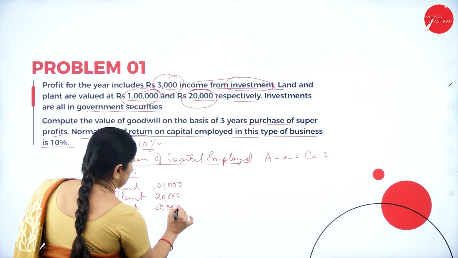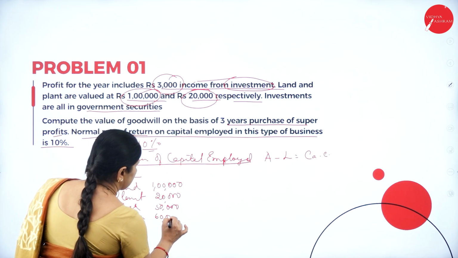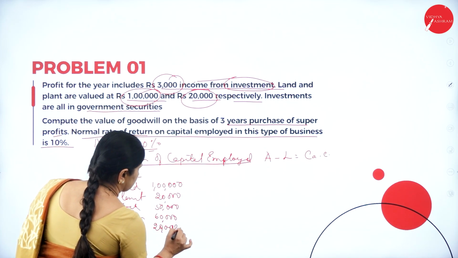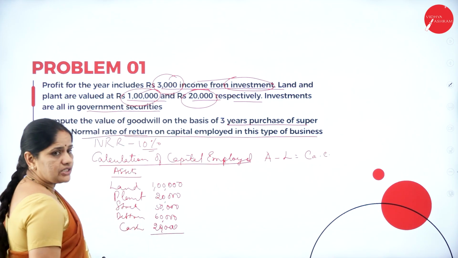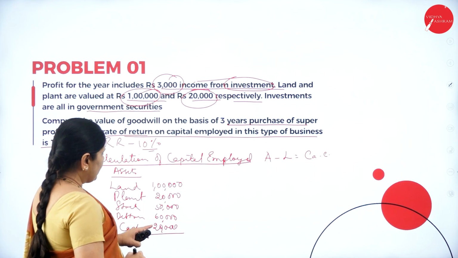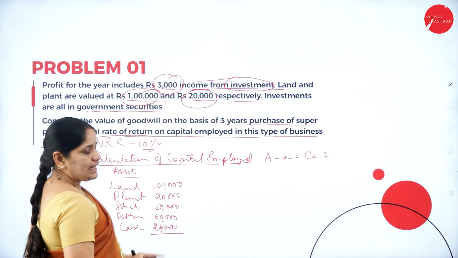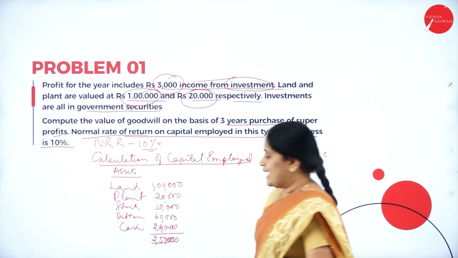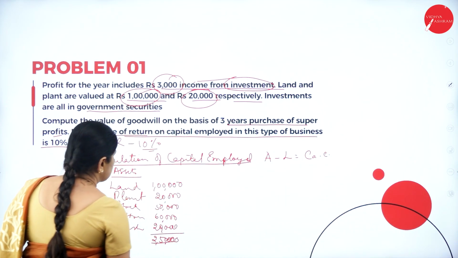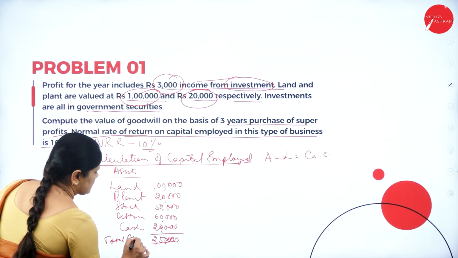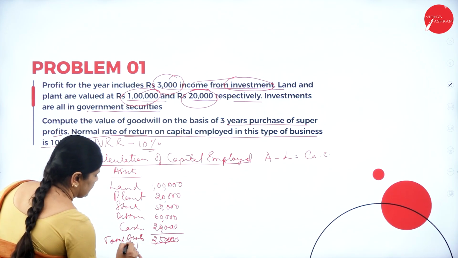What will be the total here? 1 lakh 20, 1 lakh 70, 1 lakh 90, 1 lakh 90 plus 60, the total assets is 2 lakh 50,000. So this is the total assets, that is A.